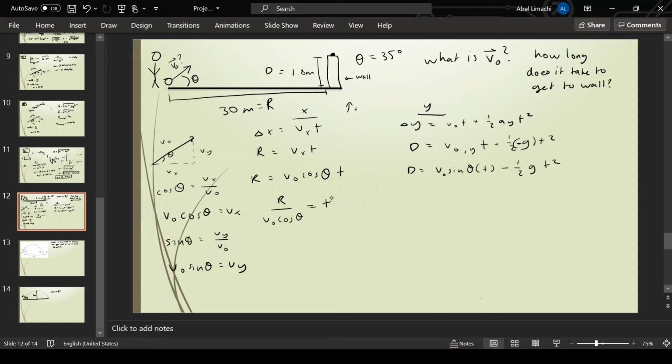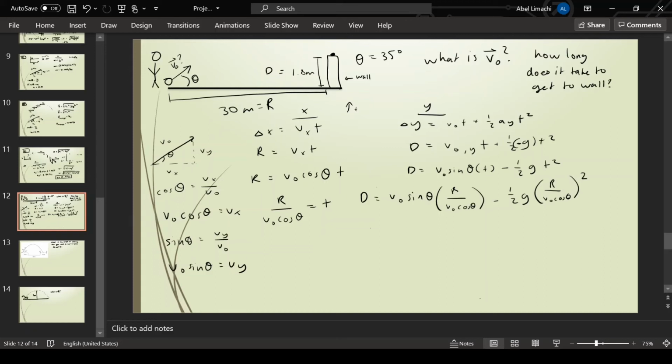So now we have to plug in this t value that we found into here, because we're not given t. d equals v initial sine theta times r over v initial cosine theta minus 1/2 g times r over v initial cosine theta squared.